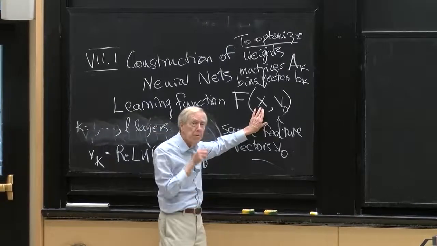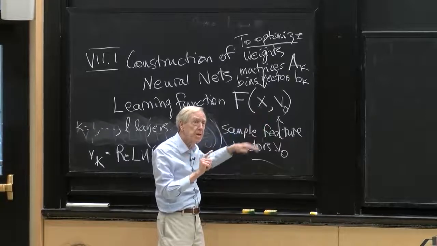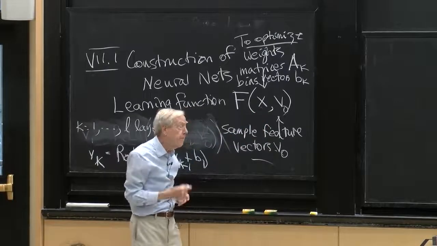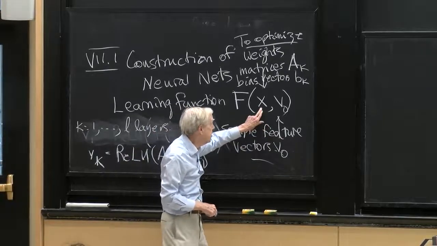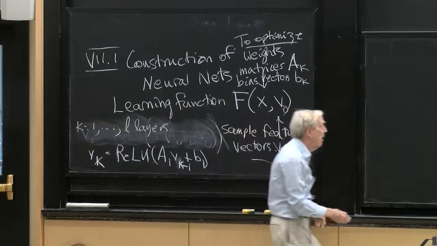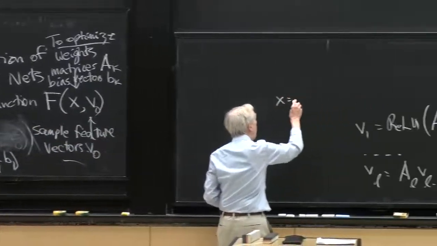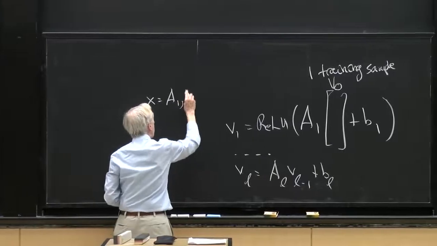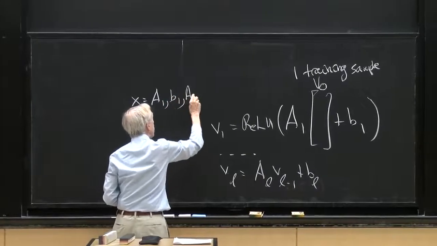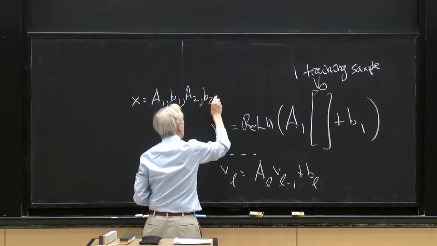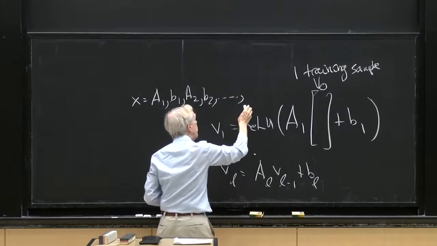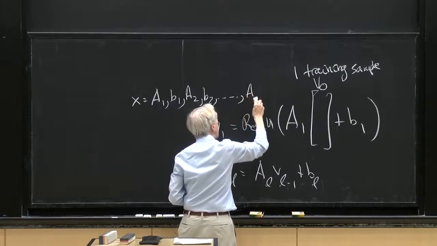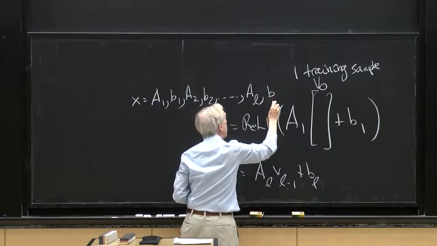It's X in chapter 6, where you're finding the optimal weights. So this X really stands for all the weights that you compute, up to A_L, B_L.